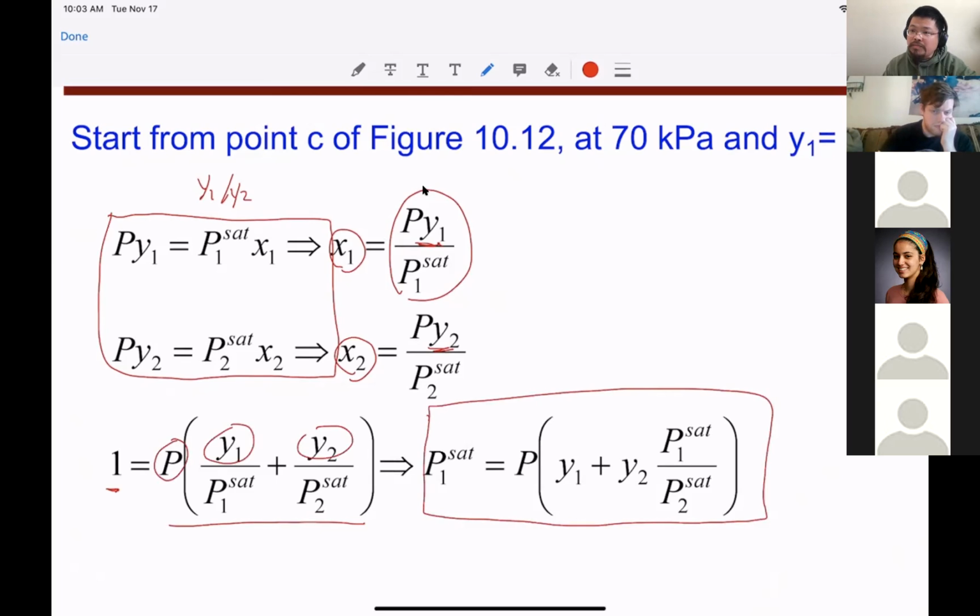We try to separate at least one unknown parameter out of the equation, although both P1 set and P2 set are unknown to us right now. So we try to express P1 set as a function of the right-hand side. There you can see that we know P, we know y1, we know y2, and we need to somehow figure out the ratio. So there we have this ratio.